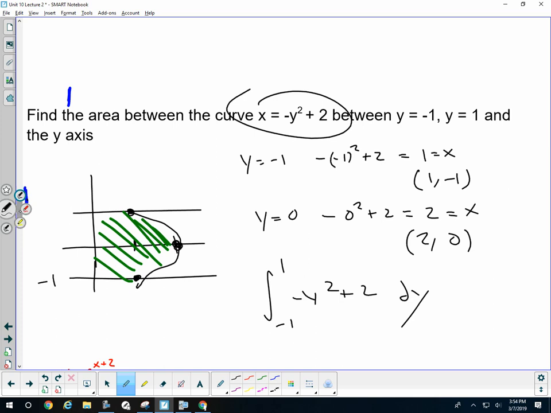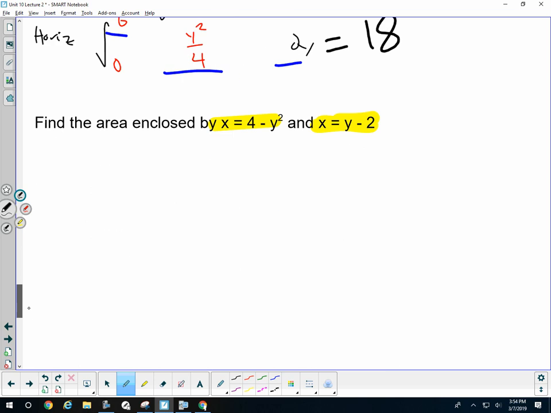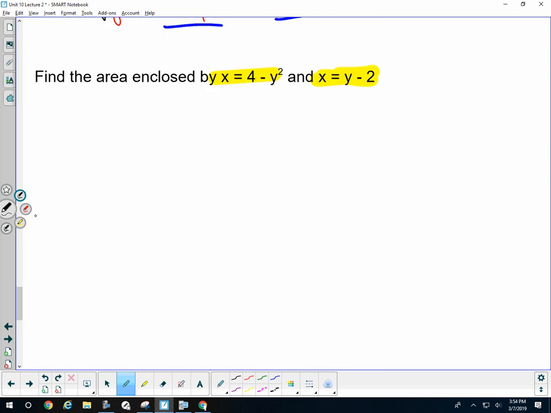Okay? Now for this one here, similar to with quadratics and lines, we need to find the intersections. So you'll set the equations equal to each other. These are not equations that we can easily solve. Some of them are easily solvable for y and then graphing it that way, but I'm going to do it a different way.